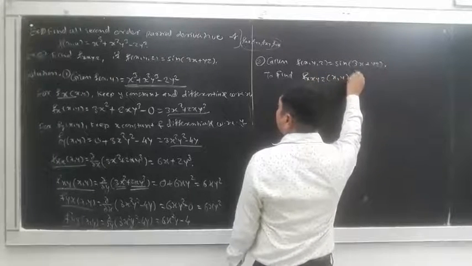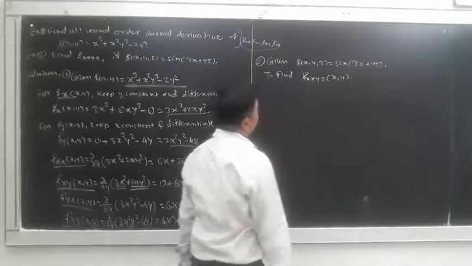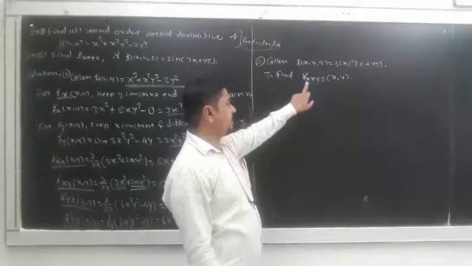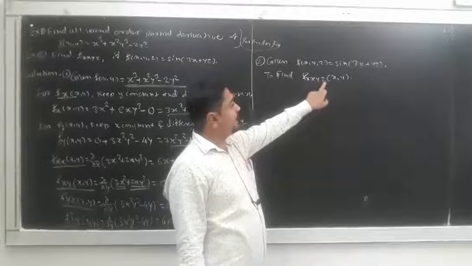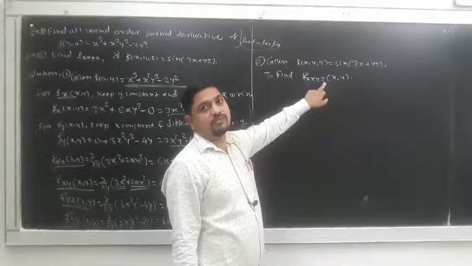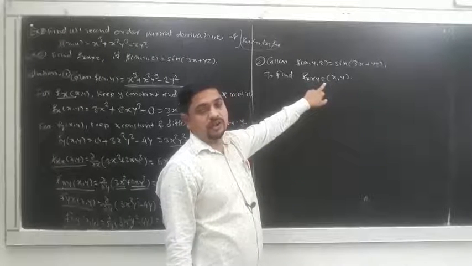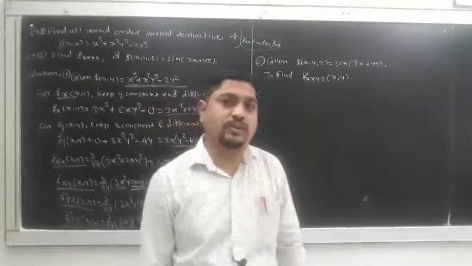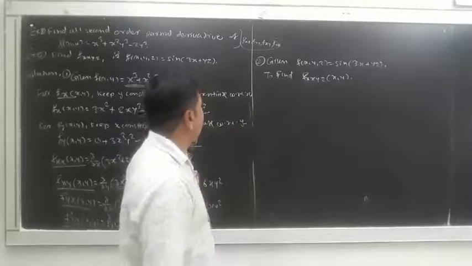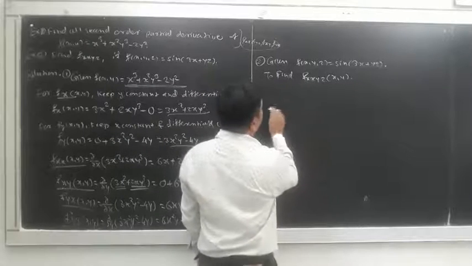First we have to find fx, then fxx, then fxxy, and then fxxyz. It is also very important. It can be asked for 1 or 2 marks. So first, what do we have to do?